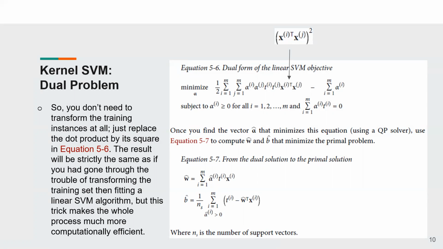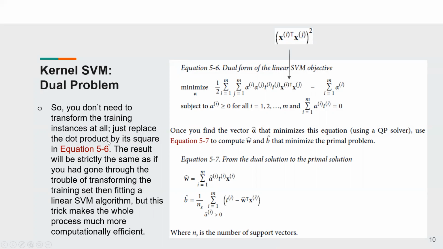So what exactly is this kernel SVM doing? We actually didn't spend a lot of time on this dual problem or quadratic programming problem. That's why we just want to give you a flavor of understanding of it. It says you don't really need to transform the training instances at all.